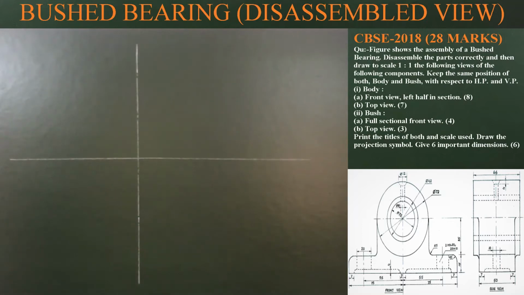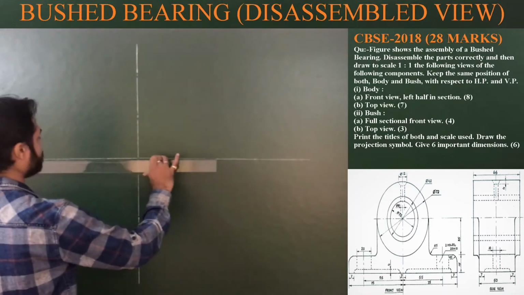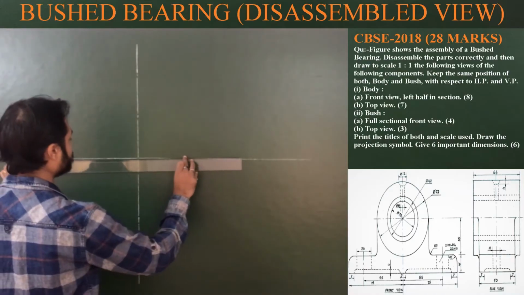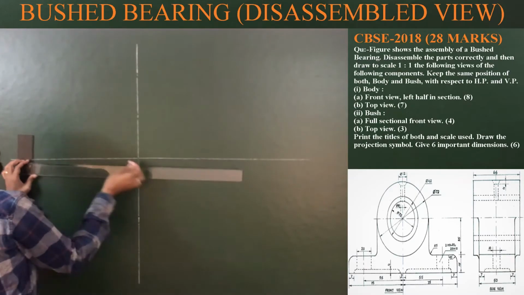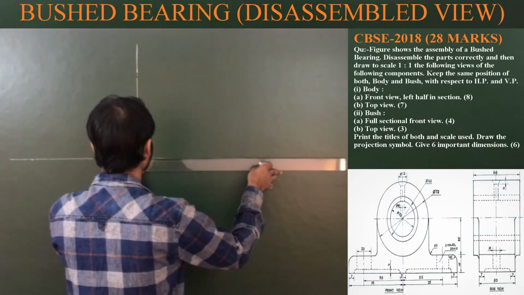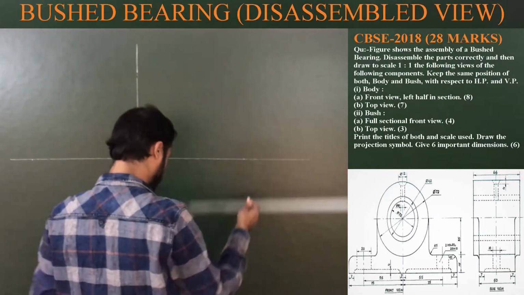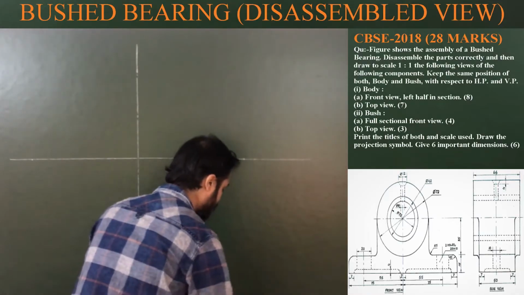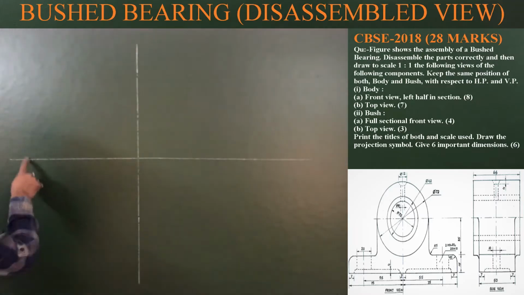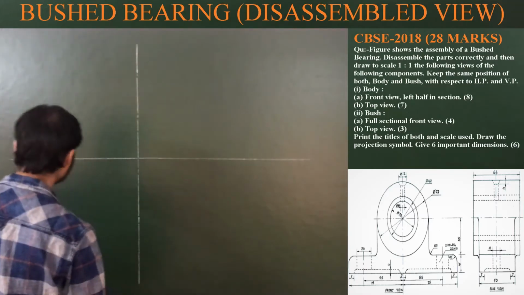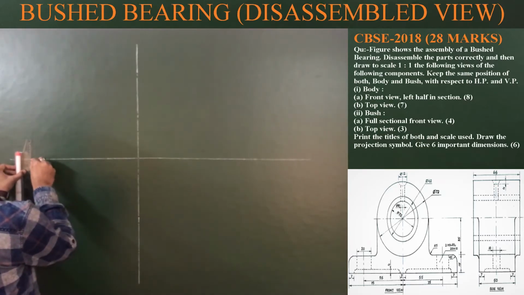Now from this point mark a distance of 75 on the left side and 75 on the right side. Then from these two points, draw the height of the base. The height of the base is also given to us, 15.